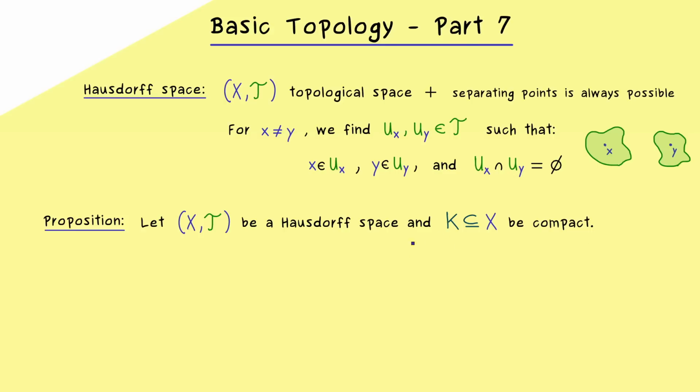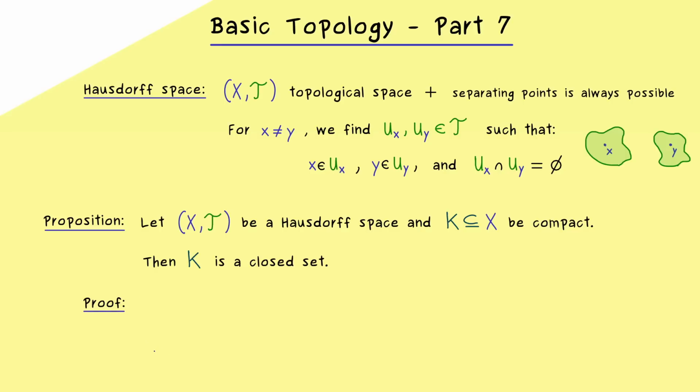And now we can show that by having this property, K has to be a closed set as well. Maybe this result is not so surprising if you already know some analysis, but the crucial thing here is that this holds in any Hausdorff space, which means we simply don't need any more structure than that.